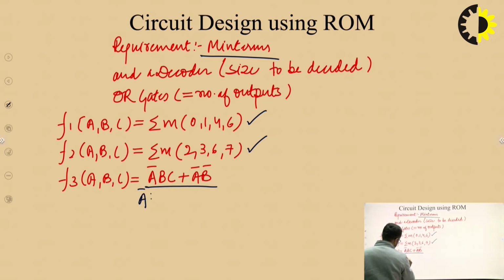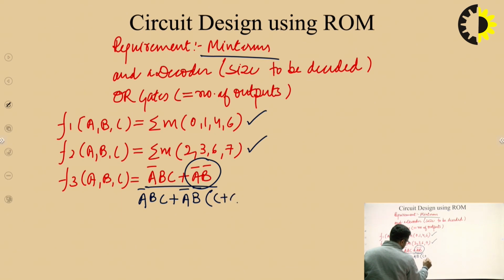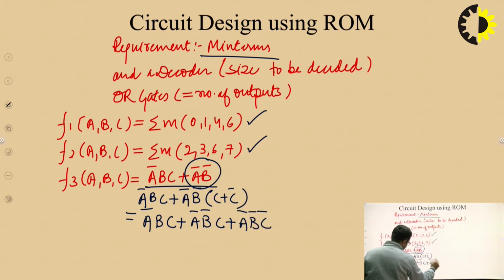To obtain the min-terms I have to convert this into canonical form by multiplying A'B' with (C + C'). The expression becomes A'BC + A'B'C + A'B'C'.